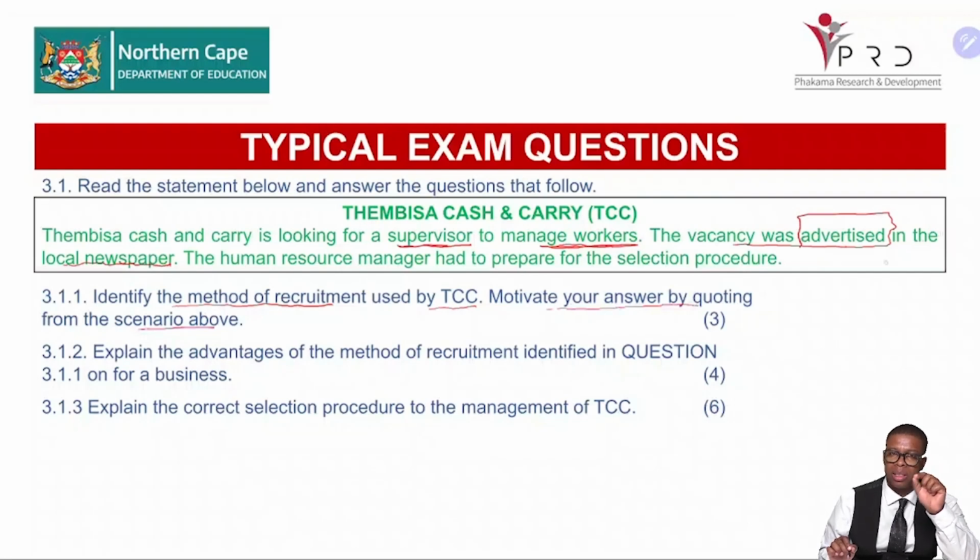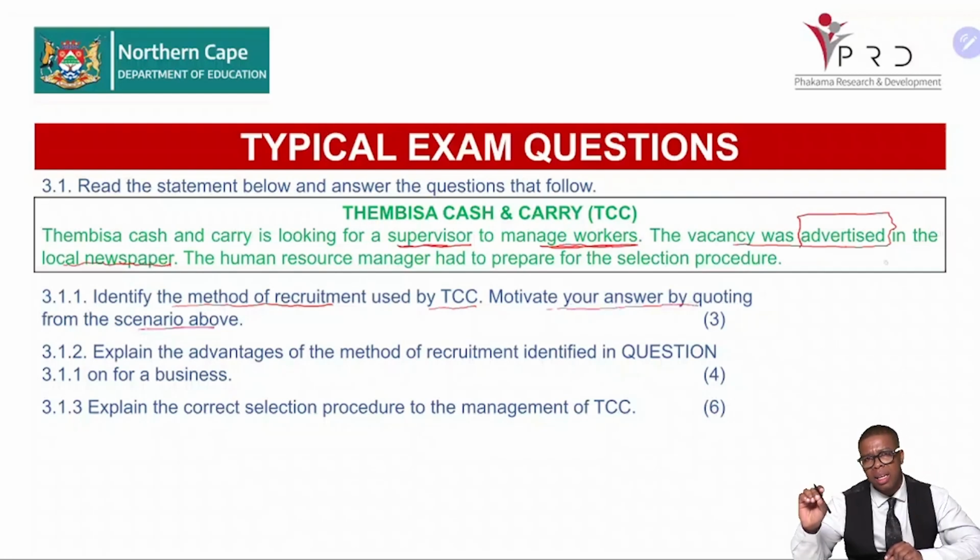What is the difference? Internal means the advertisement will only be seen by workers who are already hired by the business inside. Hence, we call it internal. External, now, is a method of recruitment that will be seen by everyone outside of the business, allowing them to apply. So, the method of recruitment is dependent on the source of recruitment.